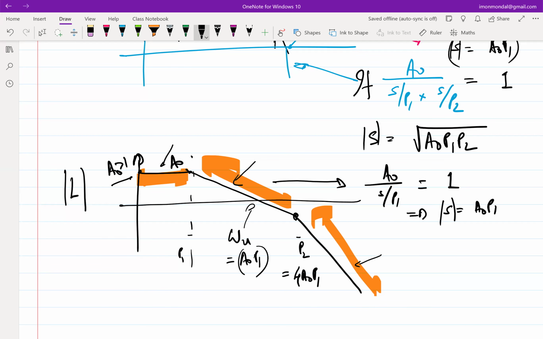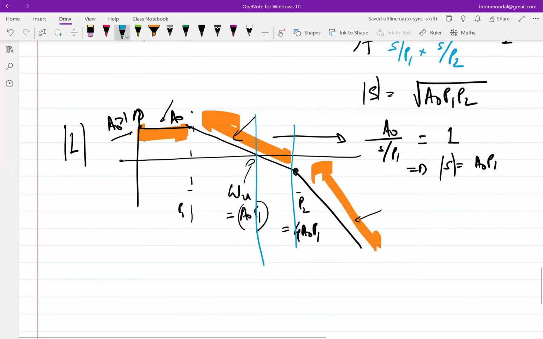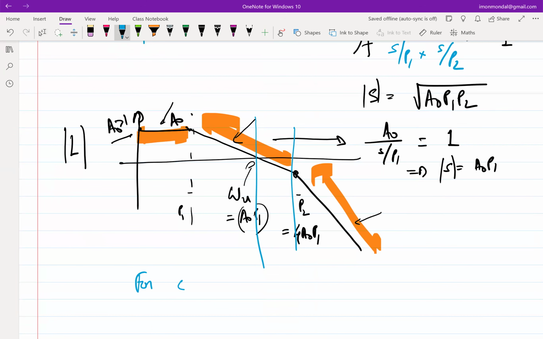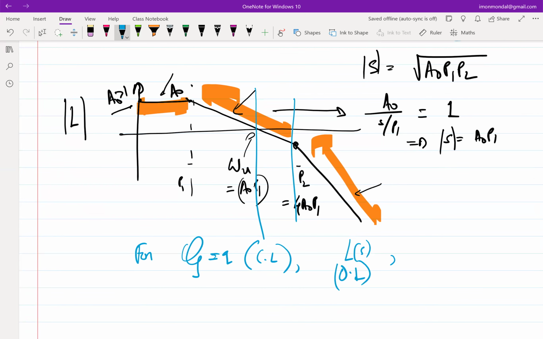Okay, so the other way of looking at the relative stability is, for the critically damped case, that is for zeta equal to 1, this is for closed loop. L of S, this is for open loop. L of S, P2 is 4 times omega u.